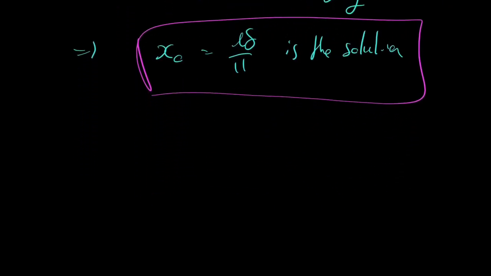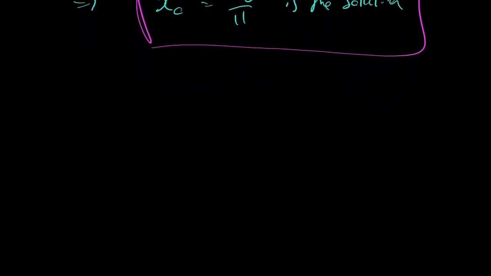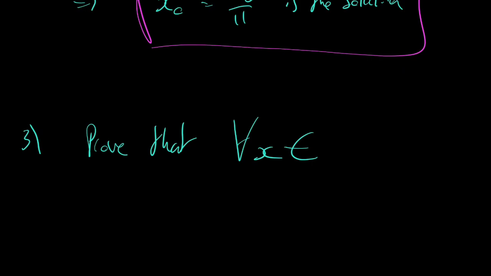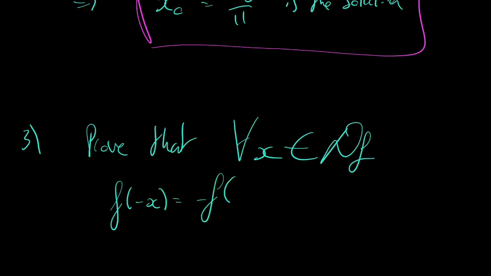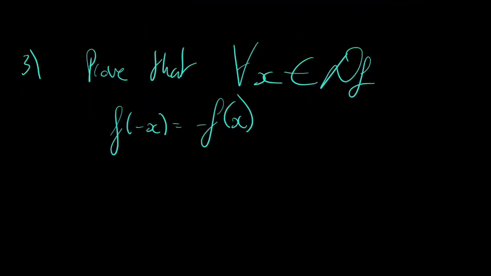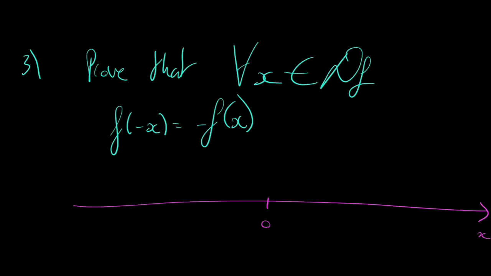Perfect. And now lastly we want to prove, so little 3, we want to prove that for all x in Df, f of minus x is equal to minus f of x. This starts well because we've got our 0 here, our x-axis here.